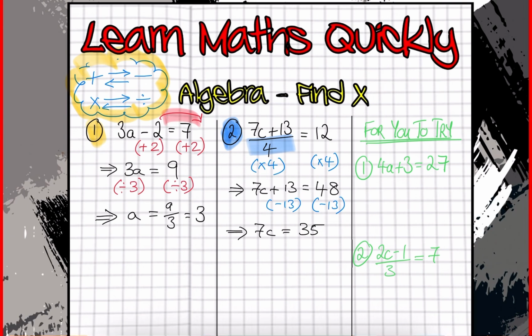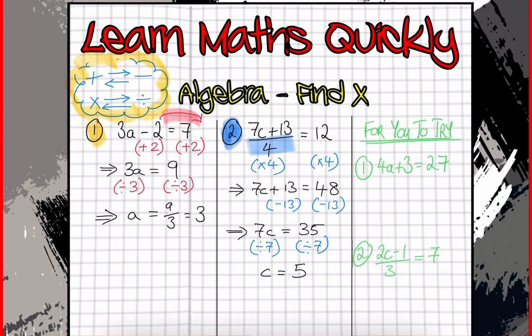Now again, as I talked about earlier, there's a mini multiplication sign between the 7 and the c. So because there's that multiplication sign, we have to do the opposite, which is divide. So we're dividing by 7 on both sides, as you can see here, which again leaves us with c equals 35 divided by 7, which is 5.